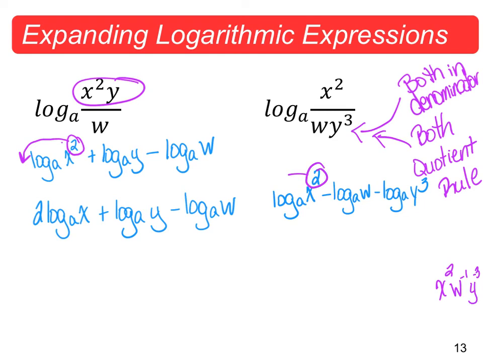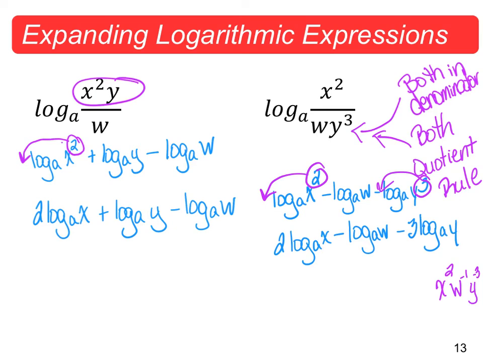I'm going to move this 2 to the front, and I'm going to move this 3 to the front. So I will have 2 log base a of x minus log base a of w minus 3 log base a of y. Again, just remember, both of these are in the denominator, and so both of them are applied to the quotient rule, and they will be subtracted.